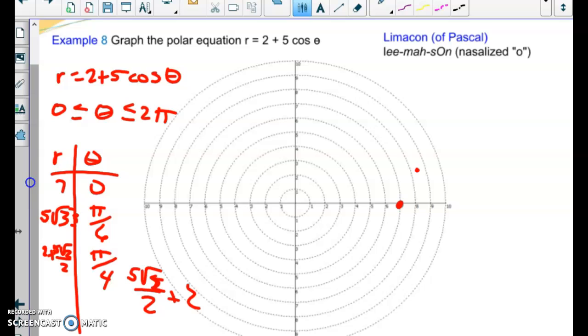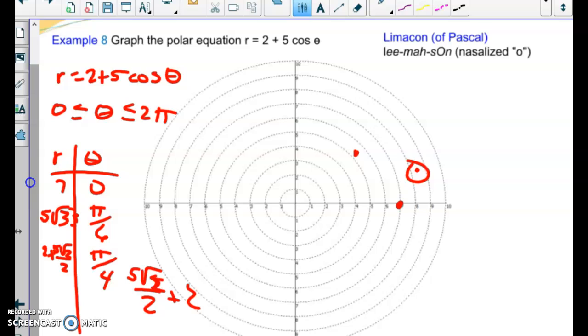And let's see here, if I go 5 times root 2 divided by 2 plus 2, looks like 5.5, about right there.